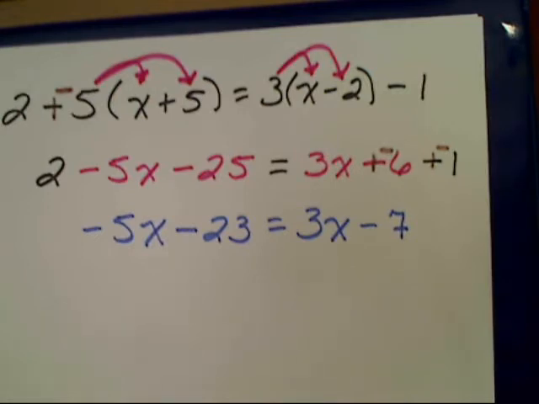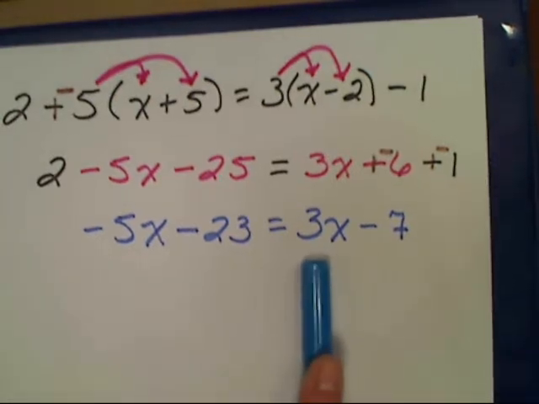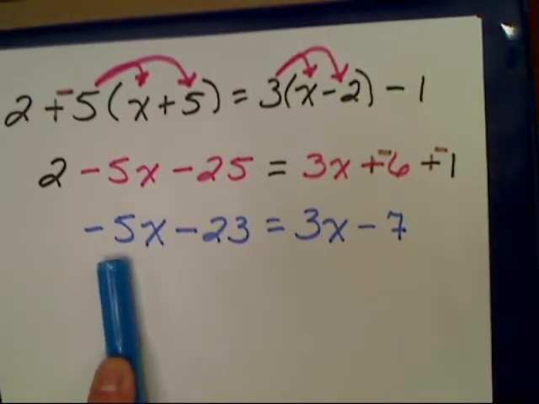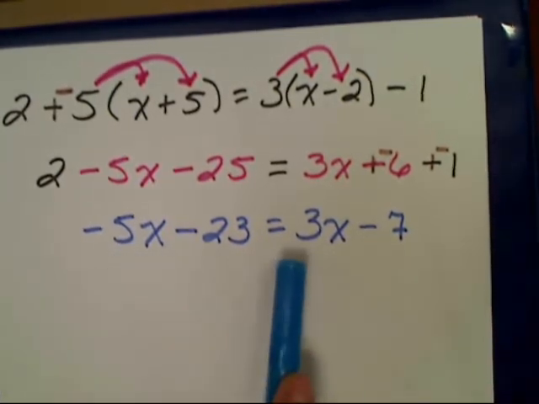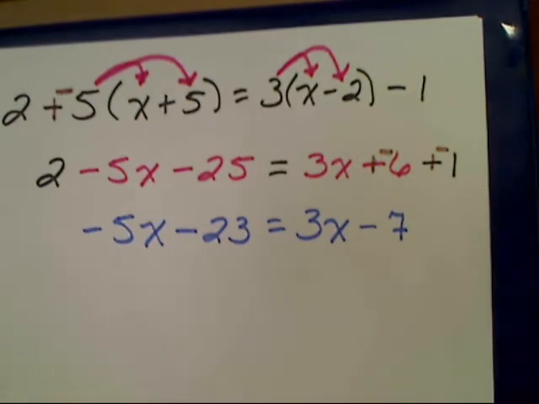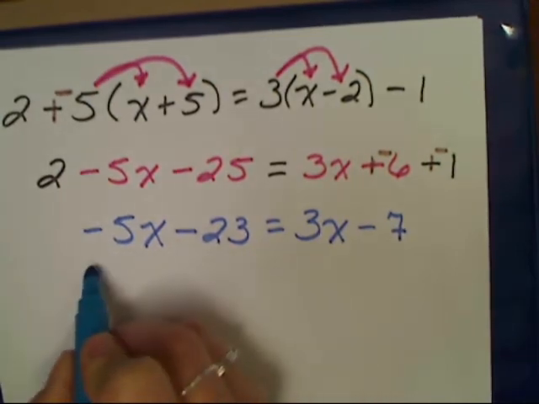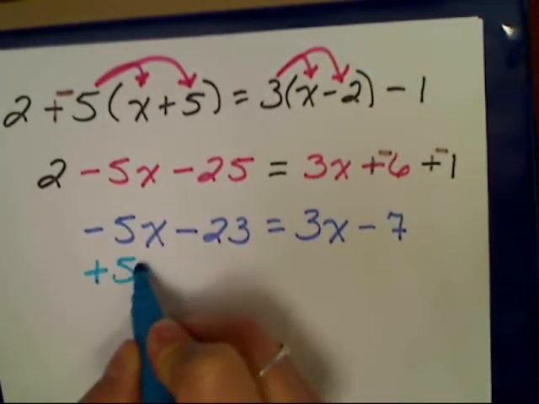Once again, in this case, I'm not going to be moving the 3x to the left side because negative 5 is further from 0, or a smaller number, than a positive 3. We always want to move the smaller term to the larger term because when we switch the signs, it becomes a larger number. So to cancel out negative 5x, I'm going to add 5x.